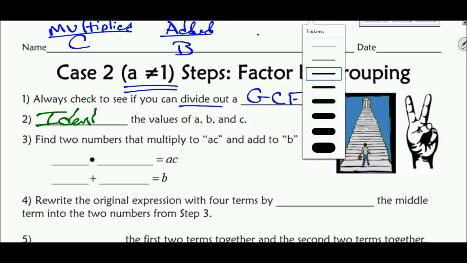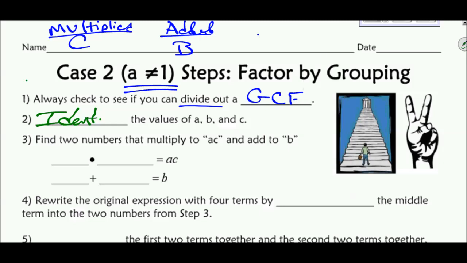Before, we didn't really care about A, we really just cared about B and C. Now we need to use that A and C because we're actually going to multiply them together.